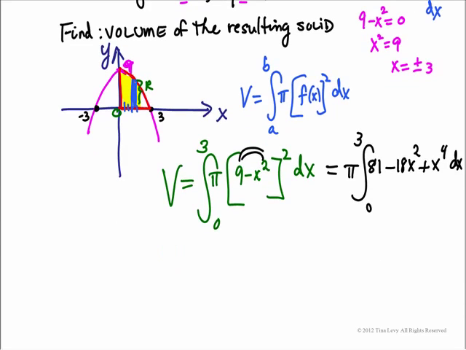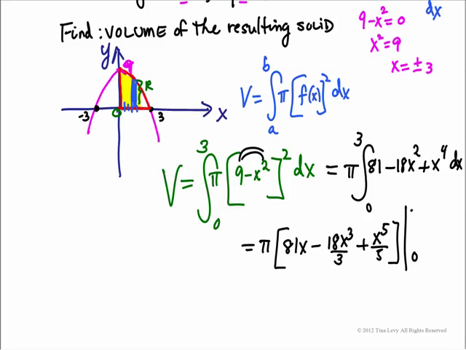And now we're ready to do antiderivatives. We get pi times 81x minus 18x cubed over 3 plus x to the 5th over 5 from 0 to 3. And I like to reduce before I start substituting.